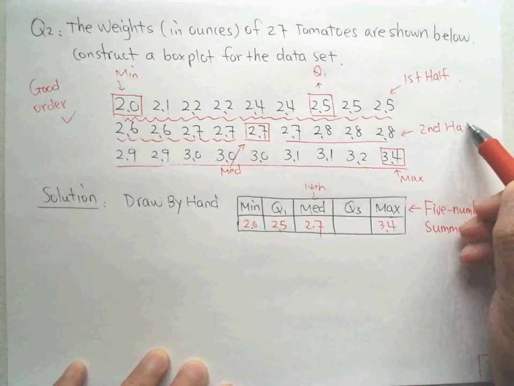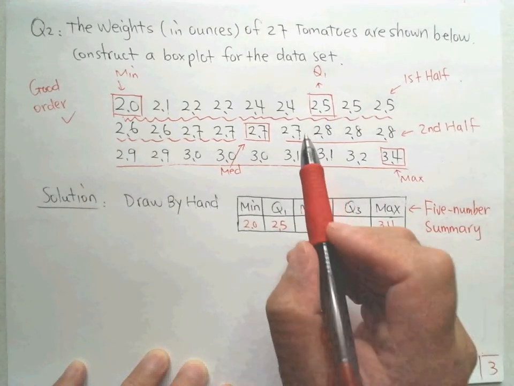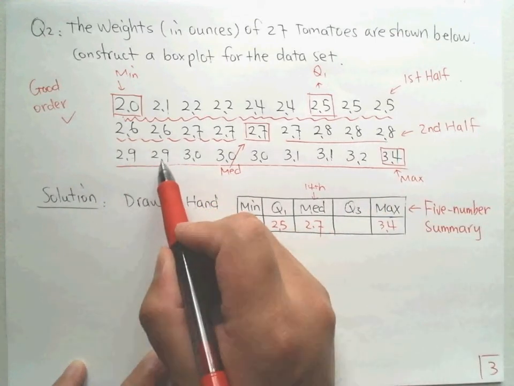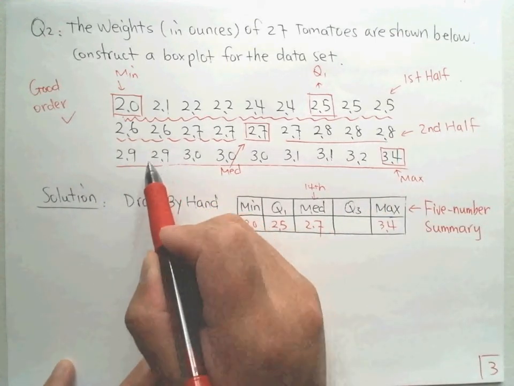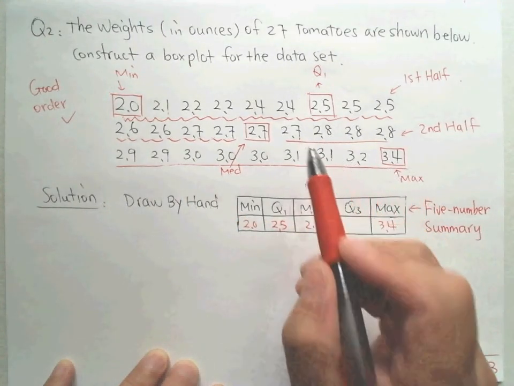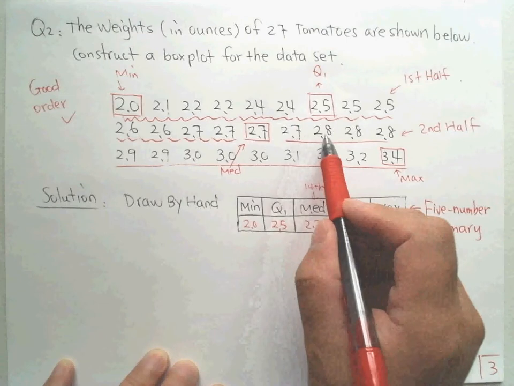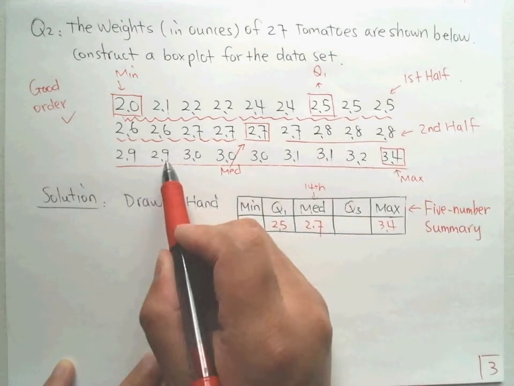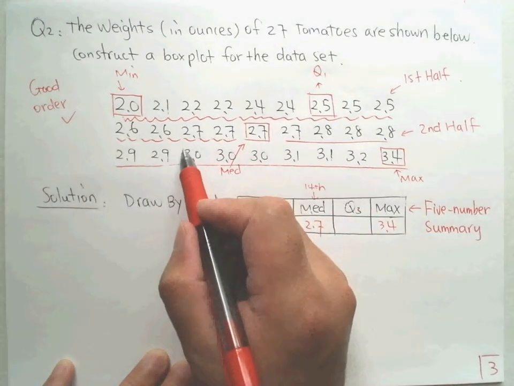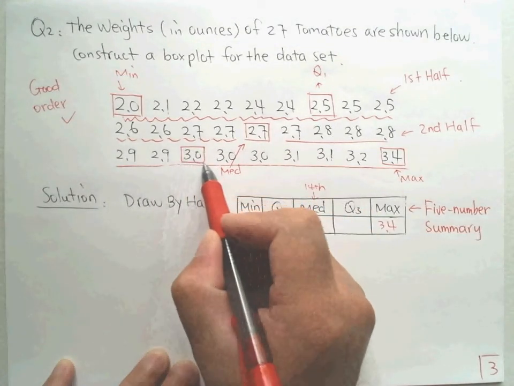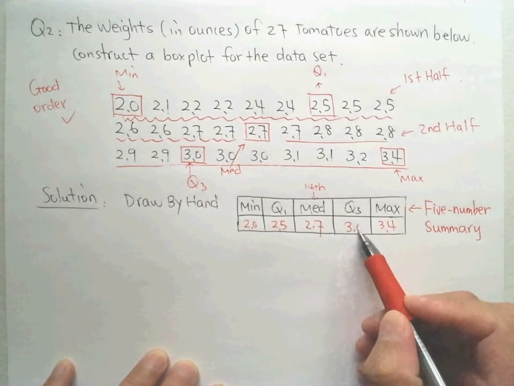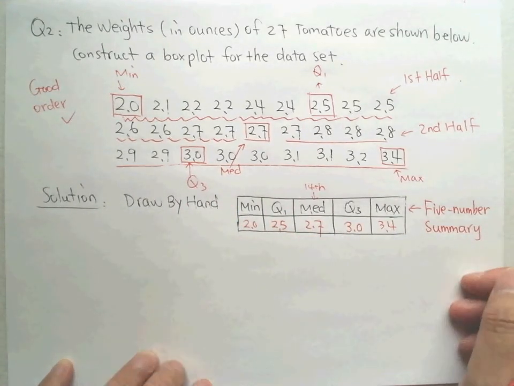This is the second half, also 13. So we count 1, 2, 3, 4, 5, 6, 7. It's the 7th data, with 6 to the left and 6 to the right. This is Q3. Q3 we get 3.0.